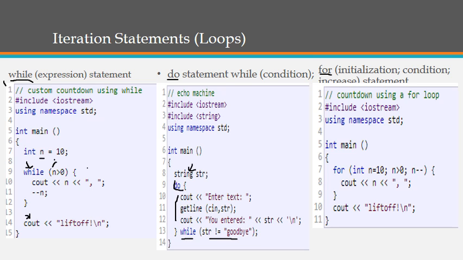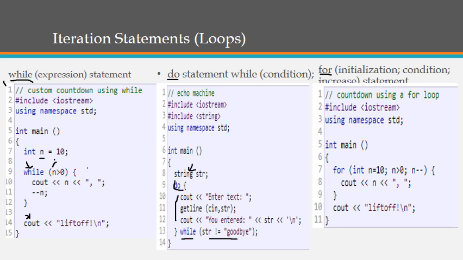So what happens? We have some value that is unknown to us when the string is created, the str variable, and we enter the text. We assign that value that we get, the line from the user, to str.